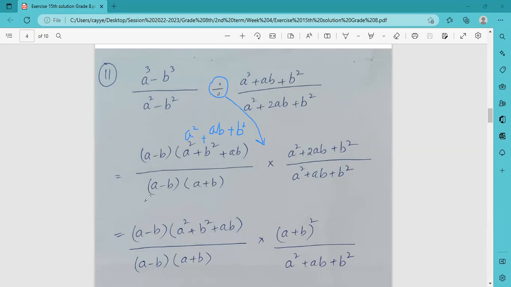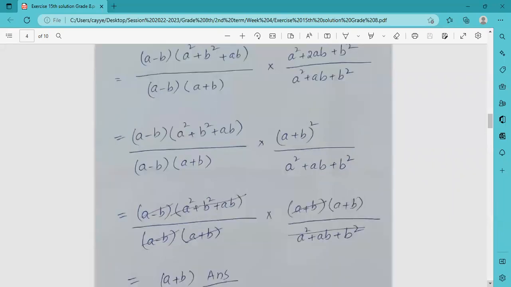Afterwards, in the next step, you will cancel the same algebraic expressions. Now, same algebraic expressions will be cancelled.